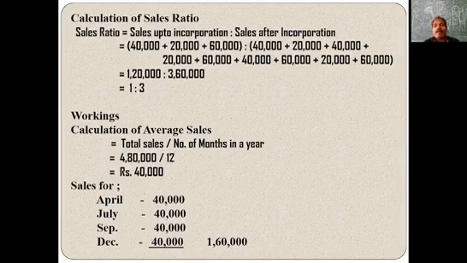So we add the sales up to incorporation and sales after incorporation. Up to incorporation period sales is 1,20,000. After incorporation period sales is 3,60,000. We add these two figures, we get total sales 4,80,000, right? So 1,20,000 is to 3,60,000. The ratio is 1:3. That's it.